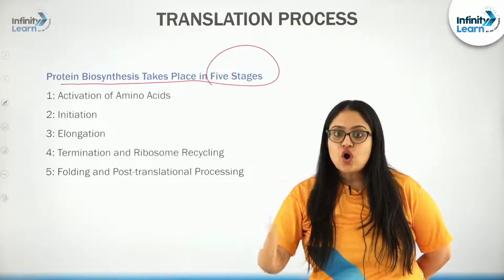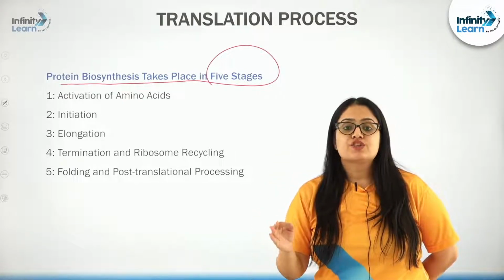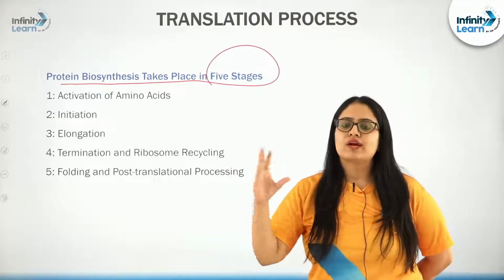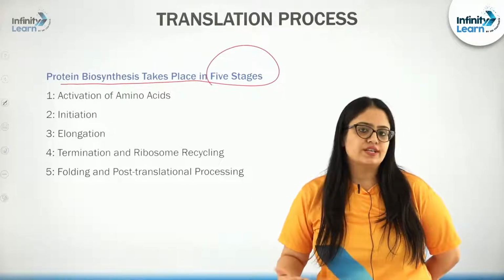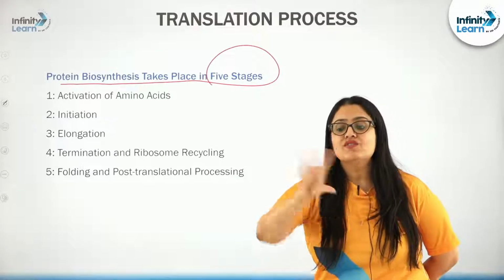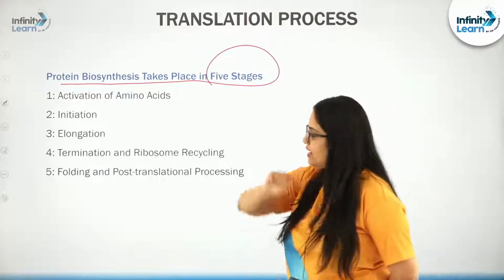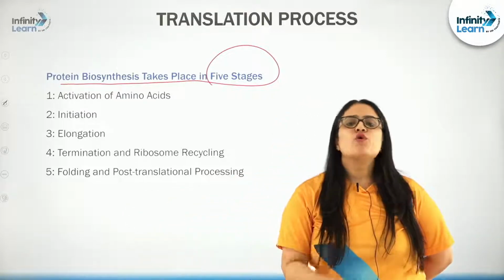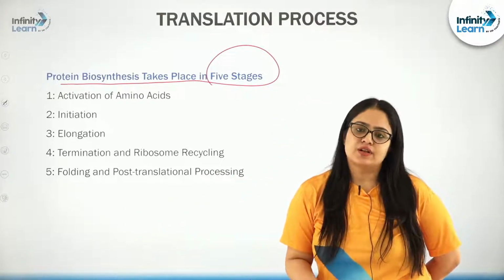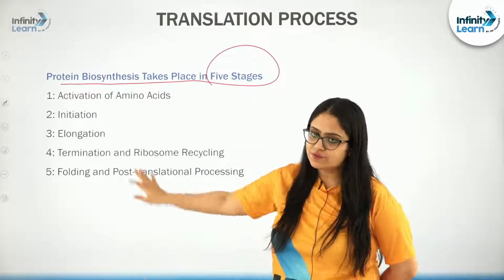Termination, stop of the translation process when the required polypeptide chain is produced, and the ribosomes will be recycled so that they can again take part in the cycle of translation. And last, there will be folding and post translational changes in the protein that is synthesized after this process, right.